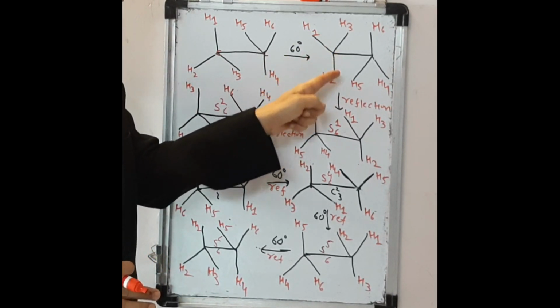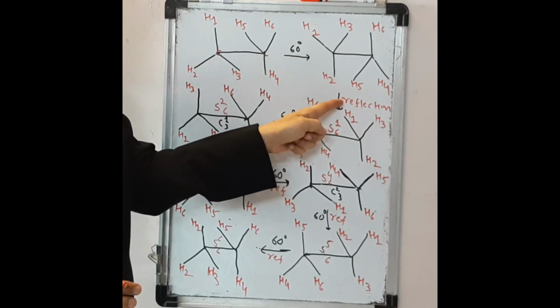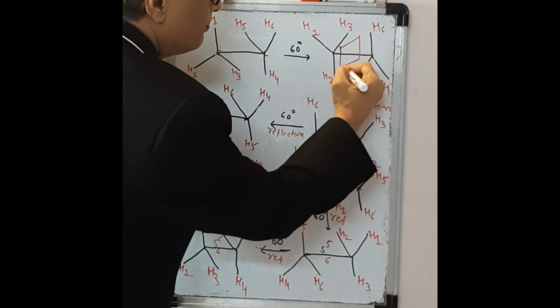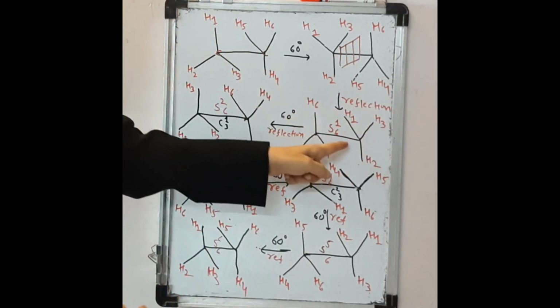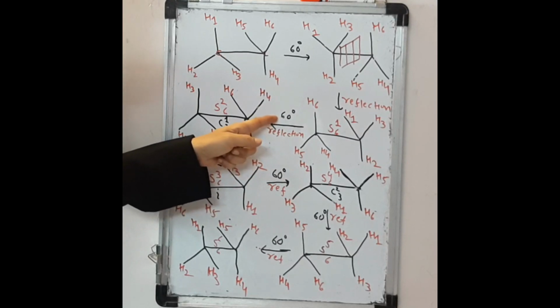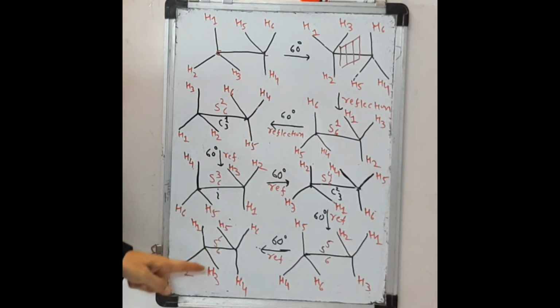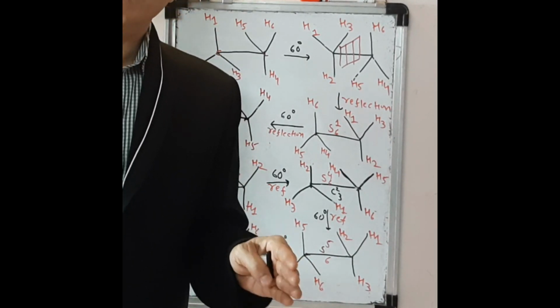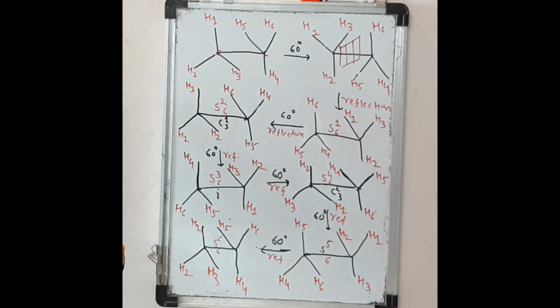Now this resulting configuration is reflected in a plane perpendicular to the principal axis which brings the molecule into an equivalent configuration. Another 5 rotations by 60 degree, each followed by reflection, lead to the original configuration. A total of 6 rotations by 60 degree followed by reflection are required to get the original configuration.